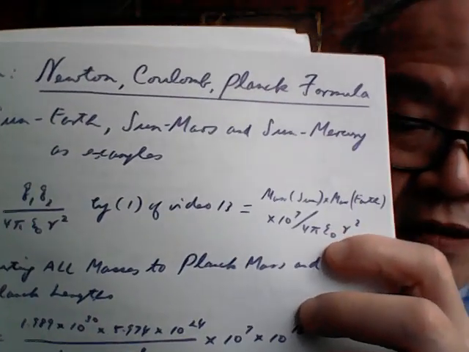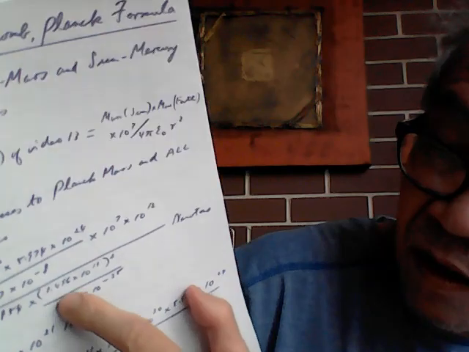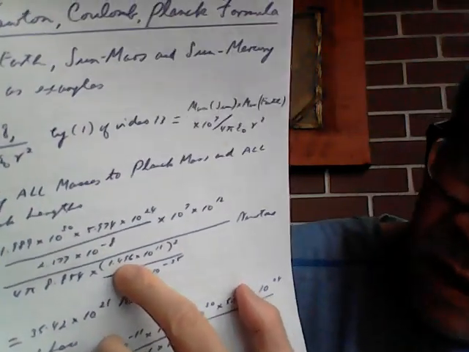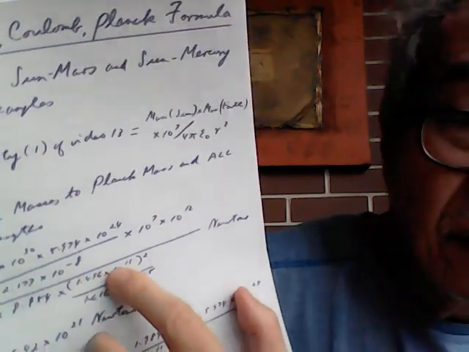R means the distance between the Sun and the Earth, which is 1.496 times 10 to the power 11 meters.